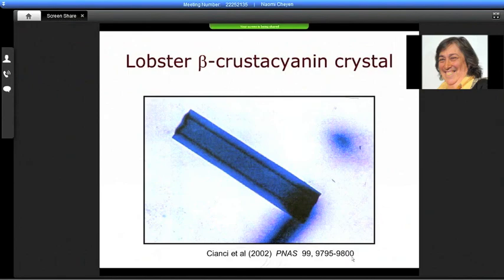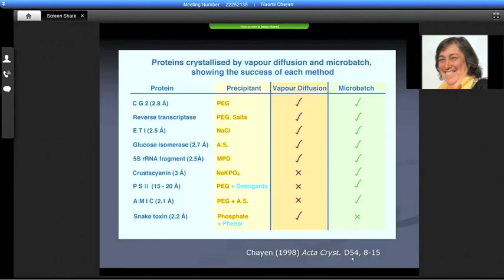And here, it needed four months, and it needed very, very slow evaporation, and that's what did it. We couldn't hurry it up. And taking it to vapor diffusion, even once we had the crystal, didn't work, only in microbatch, and it took its time. But it was really worth waiting for after all these years. So that is one of the other interesting stories there.